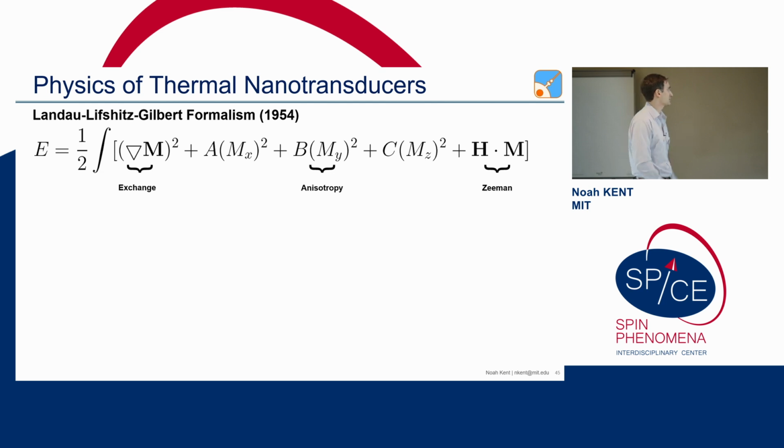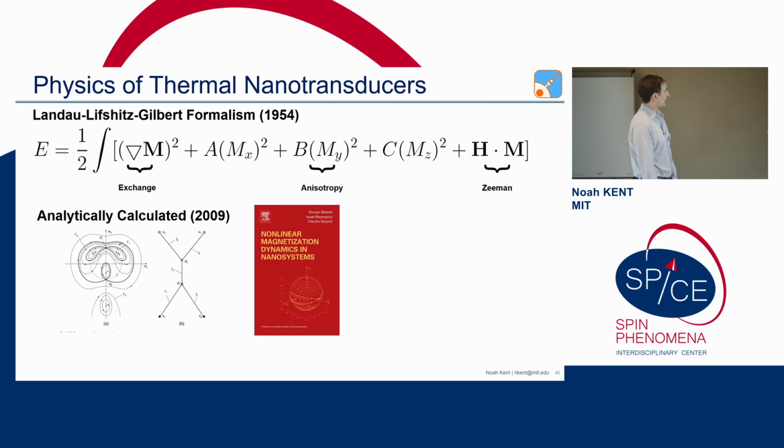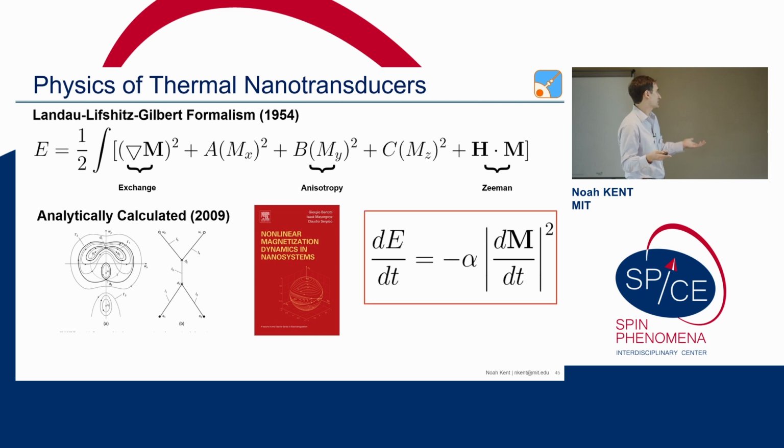So I went to the LLG and thought about it, and also some guy analytically calculated in 2009 the dynamic switching of an ellipsoidal nanoparticle, and he made magnetic Feynman diagrams. So if you've ever thought I'm missing Feynman diagrams, this is your book. The result is really unsurprising: your energy loss is proportional to the changing magnetization of each spin times its damping constant.